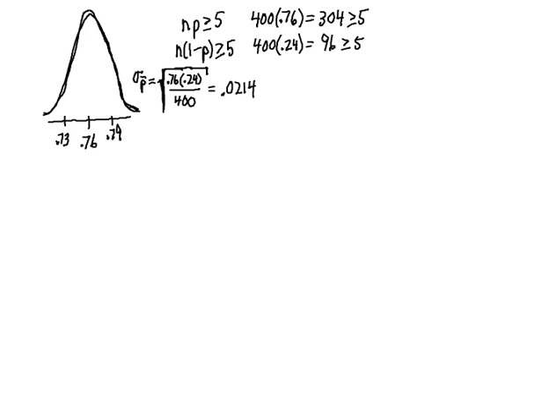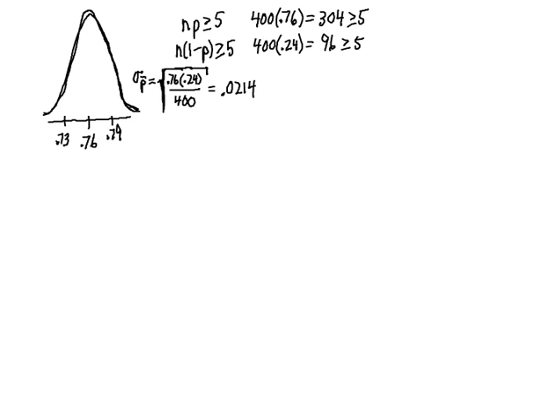So I've determined that the sampling distribution is normal. The center of the sampling distribution is the population percentage at 0.76. And the standard error, or standard deviation of the sampling distribution, is 0.0214.